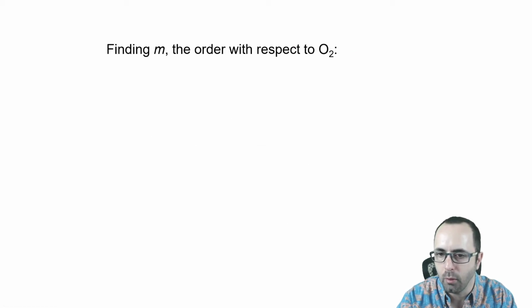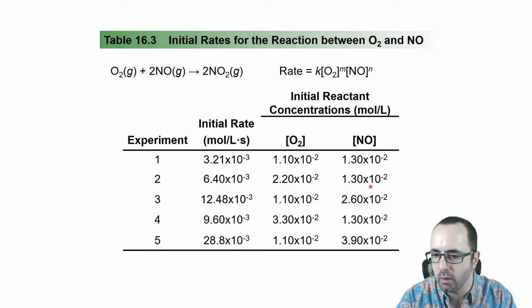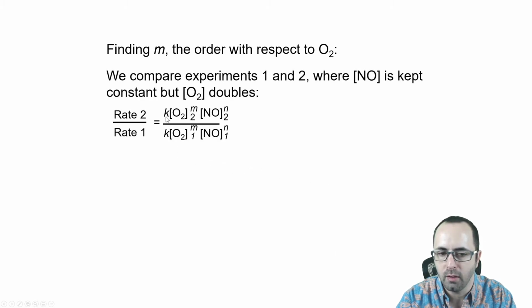So if we want to find the order with respect to O2, and you can compare this to what you got, we're going to compare experiments 1 and 2. We're doing experiments 1 and 2 because NO is kept the same at 1.3 times 10 to the minus 2, and O2 is changed. So we have rate 2 over rate 1, rate constant times the concentration of O2 to the n power, the concentration of NO to the n power.